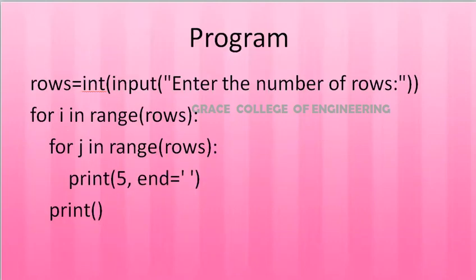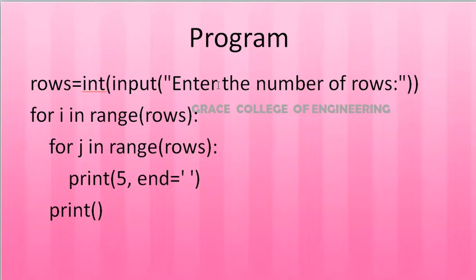The program. Already we have seen that A shape, right? Here I am going to explain the square. So rows equal to int(input("Enter the number of rows")). From the user I am getting the value, for that I use the input function.